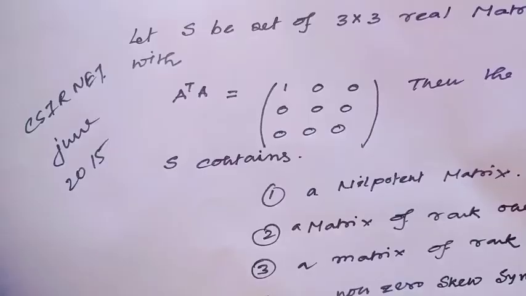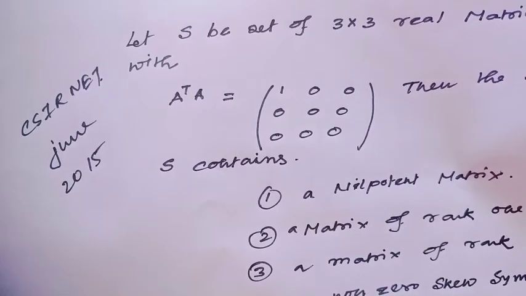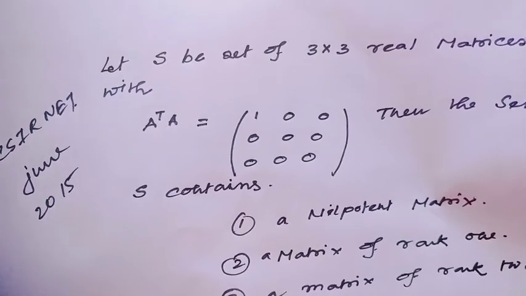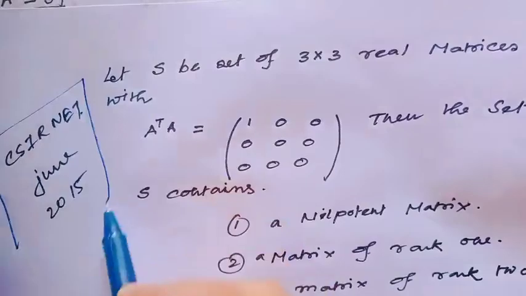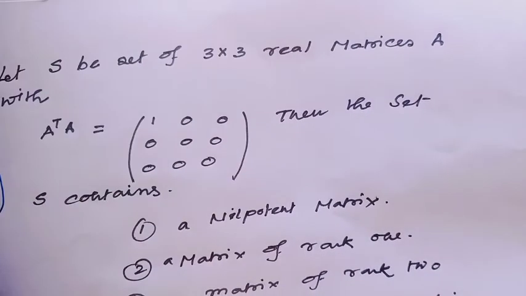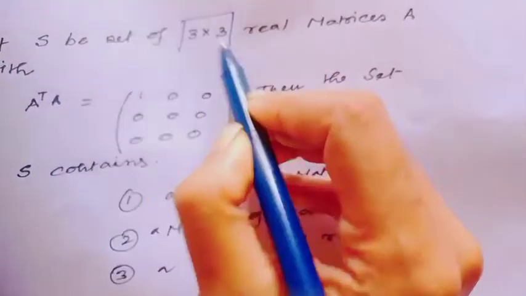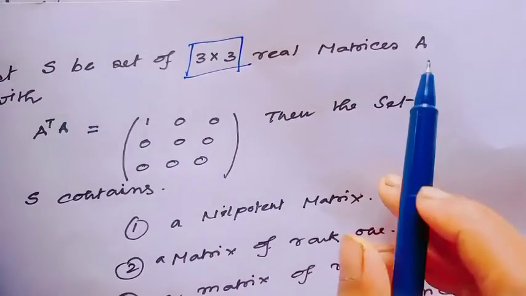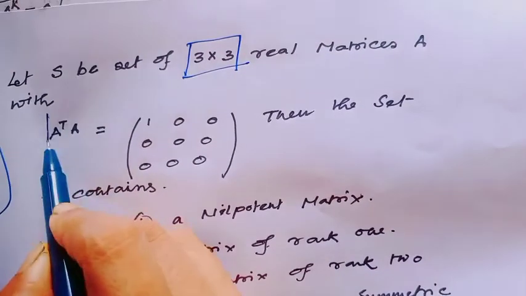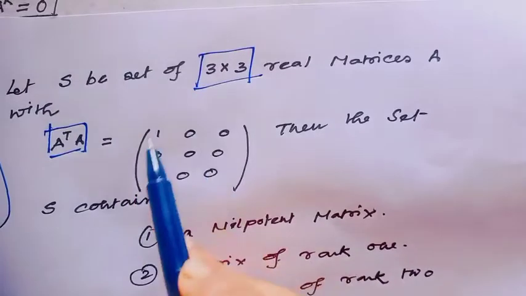Now I will see one question about rank 1 matrix which had come in CSIR NET June 2015 exam. The question is, consider a set S of 3 cross 3 real matrices A, with the condition A transpose A equal to this matrix.